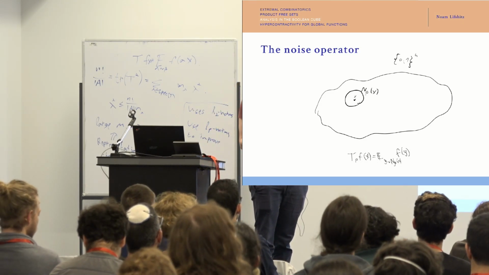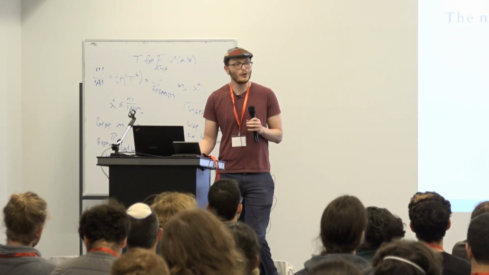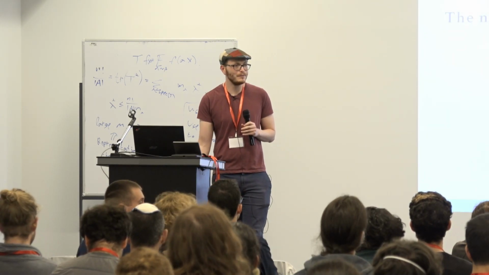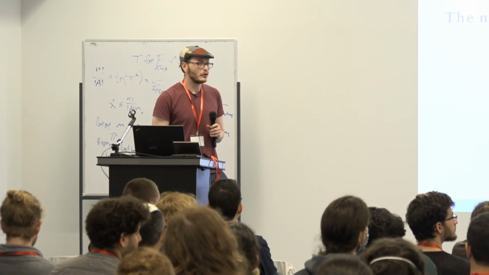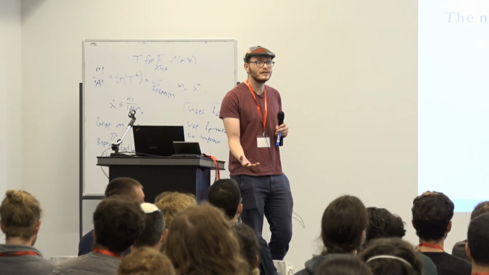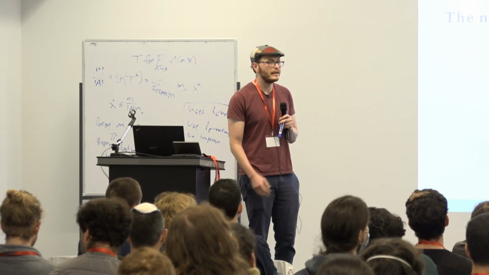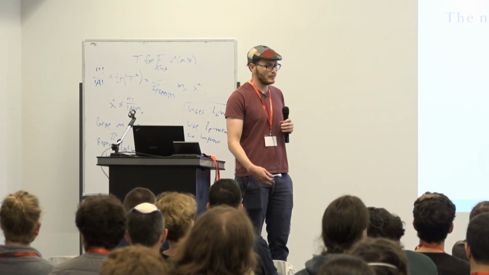It's only logarithmic in the size of the group, so it's not very powerful. So you get d to the third, where d is the quasi-randomness parameter, but our methods actually allow you to go much beyond that.